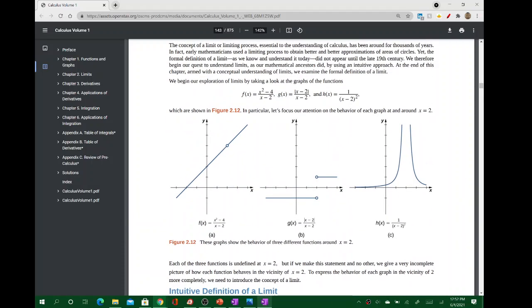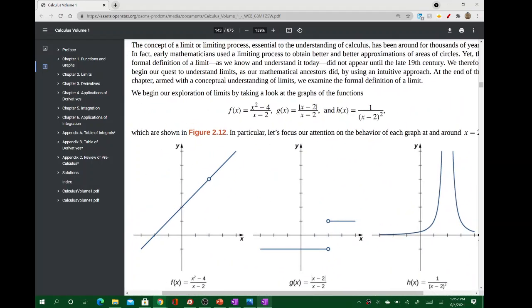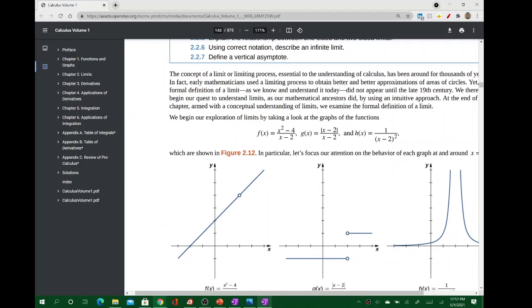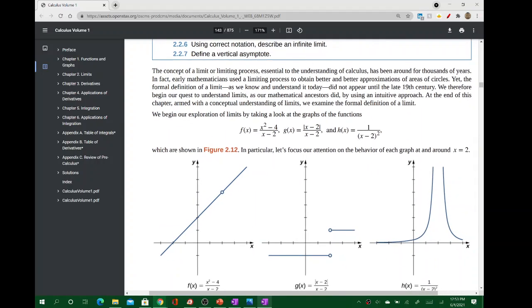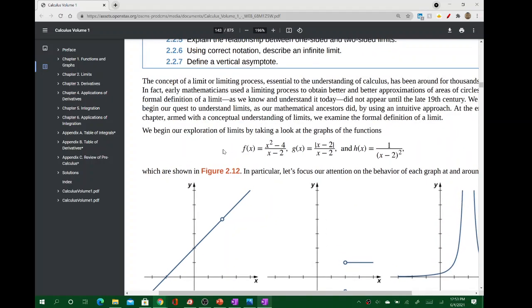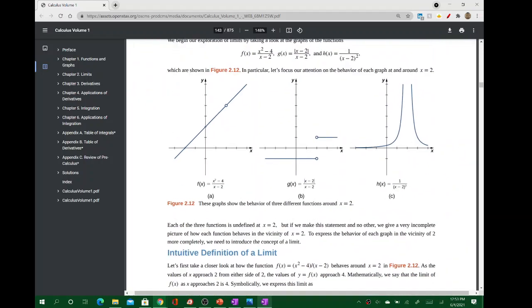Now, let's look at this. You can read this by yourself. Basically, before we look at limits, we want to look at the graphs of these functions, right?